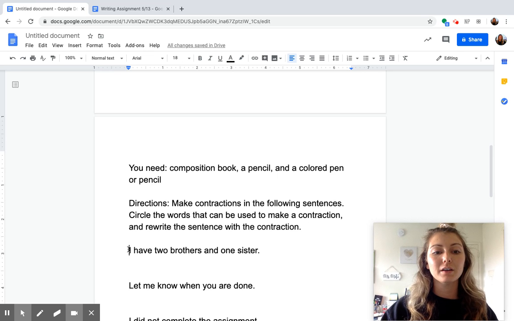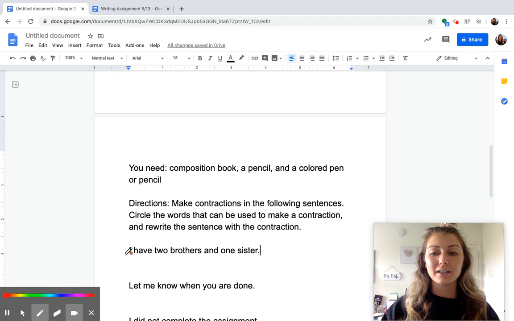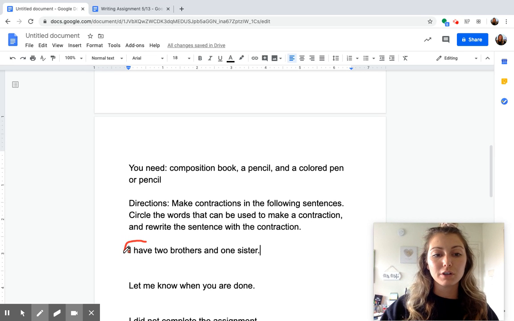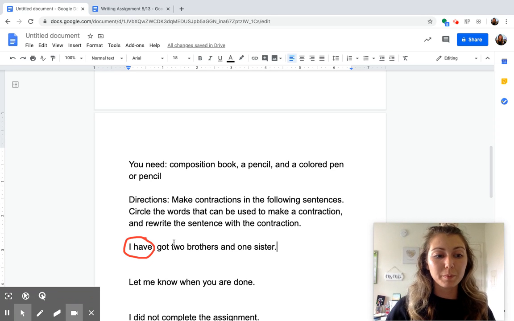I have 2 brothers and 1 sister. Well, I see I and have. I know that I and have can combine together to create the contraction I've.